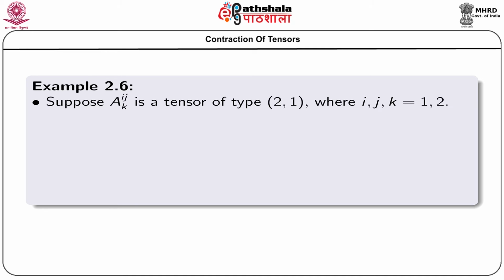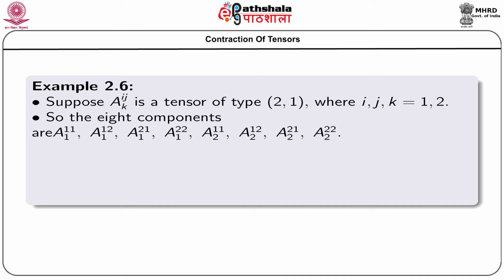So A ijk has 2 cube, that means 8 components. The 8 components are A111, A121, A211, A221, A112, A122, A212 and A222, because ijk are running from 1 and 2, as we have taken the dimension of the vector space as 2.